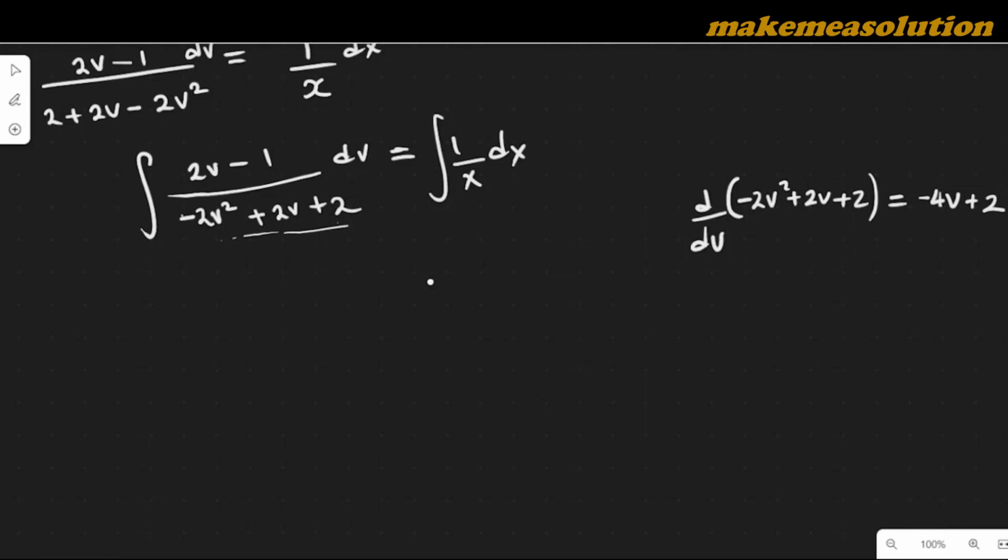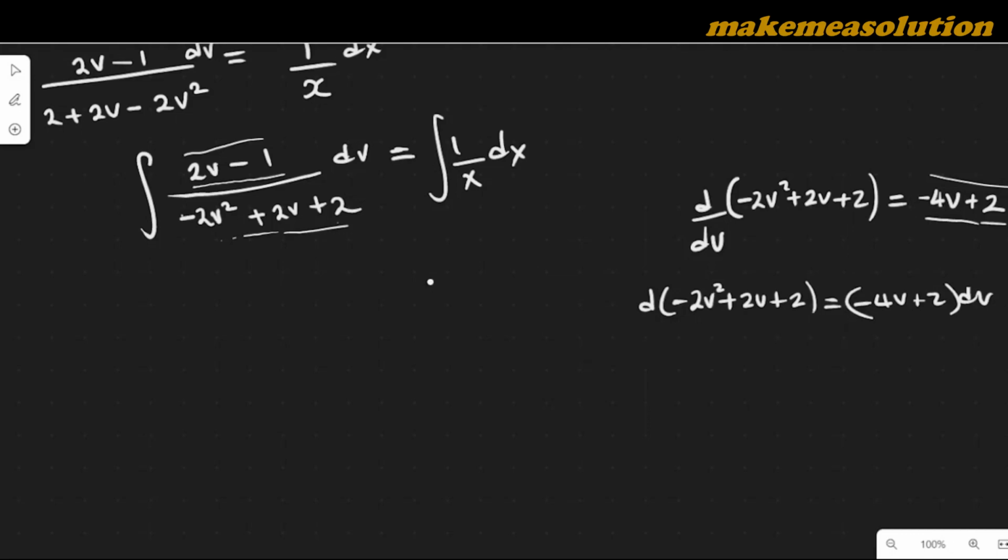Now you can see that this numerator is almost looking like this particular one. If there is a way I can make this numerator look like this one, so d of minus 2v squared plus 2v plus 2 is actually going to give me minus 4v plus 2 dv.